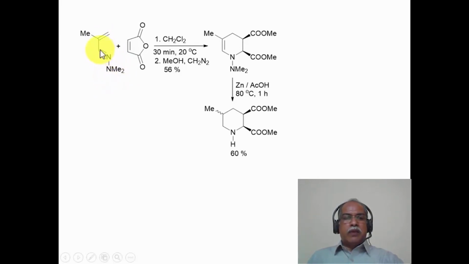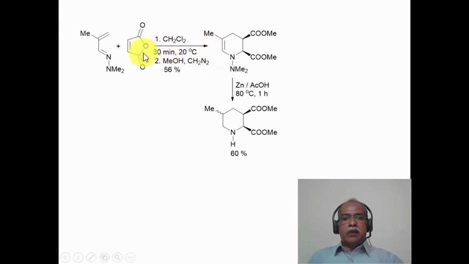So if you react alpha methyl acrolein with N,N-dimethyl hydrazine, this is the hydrazone that one would produce, and that hydrazone is acting as the heterodiene, reacting with the maleic anhydride as the dienophile. The reaction is essentially taking place at room temperature, resulting in the formation of the Diels Alder adduct.